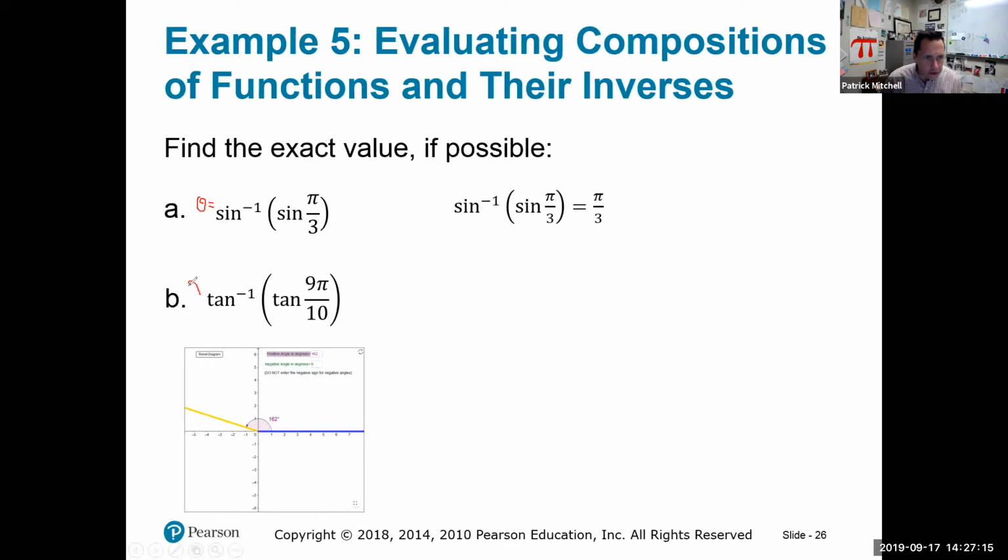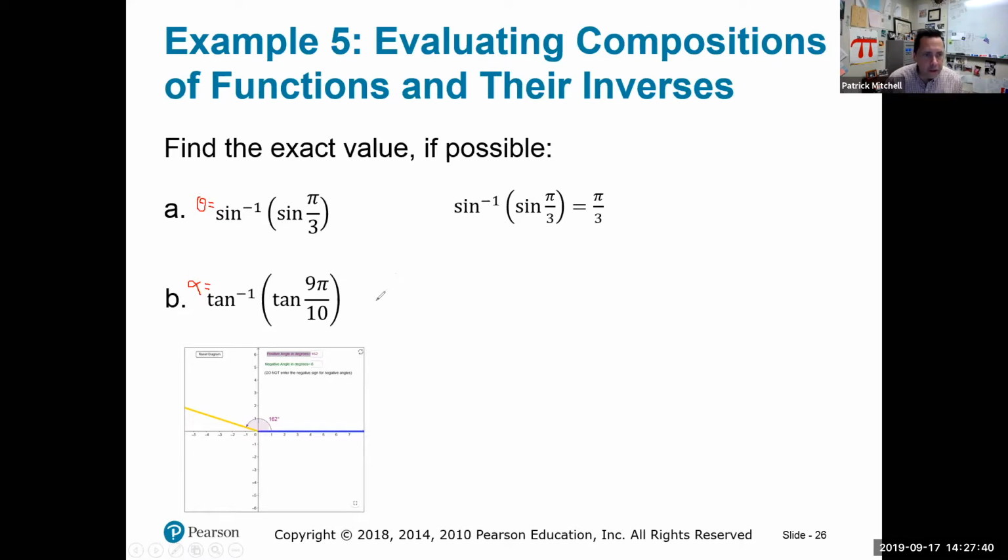I think I'll call this one alpha. So the angle alpha will have the same tangent as 9 pi over 10. But the trick is that this angle also has to be between negative pi over 2 and pi over 2. So in other words, it can't be in quadrant 2.